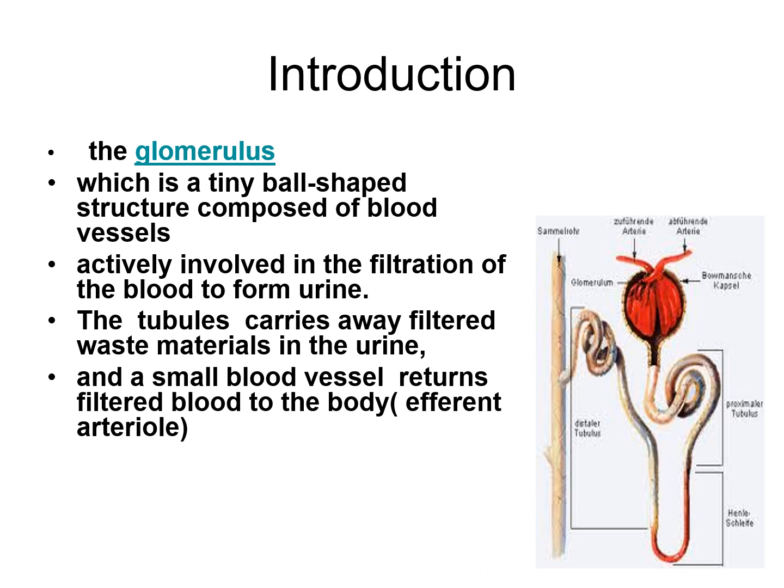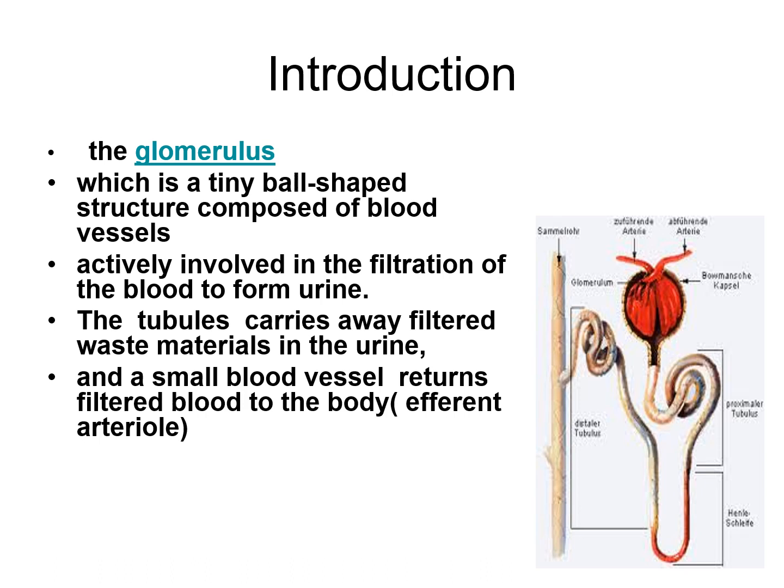This small tiny ball-shaped structure that is composed of blood vessels is involved in filtration of blood and formation of urine, and the tubule will carry this material outside of the body in the form of urine.